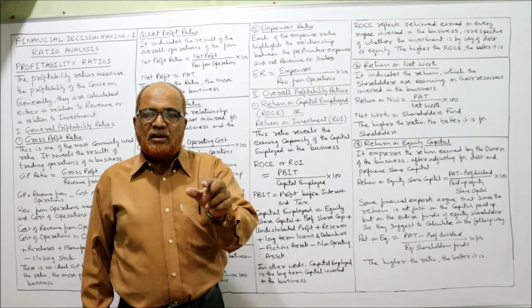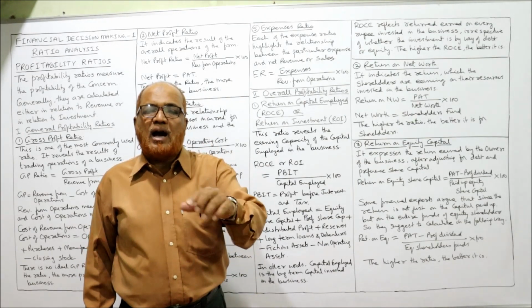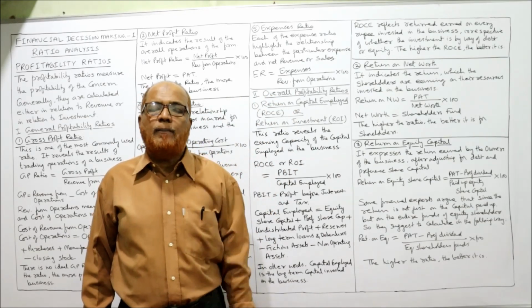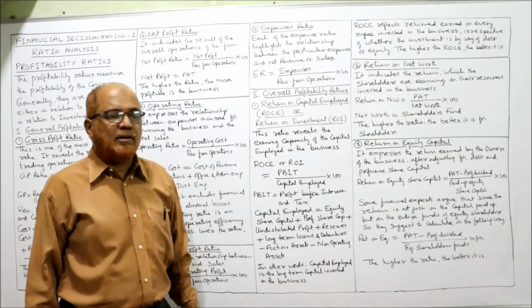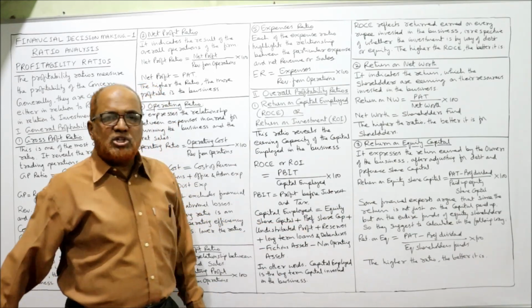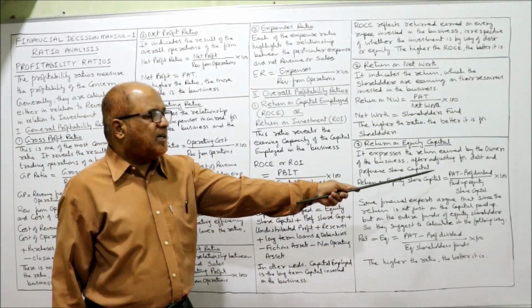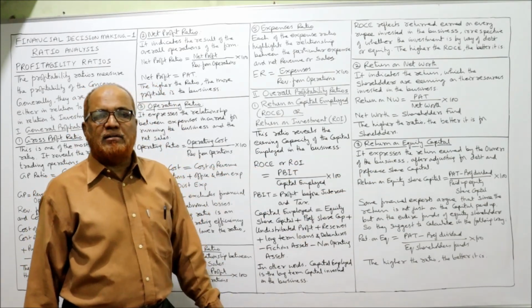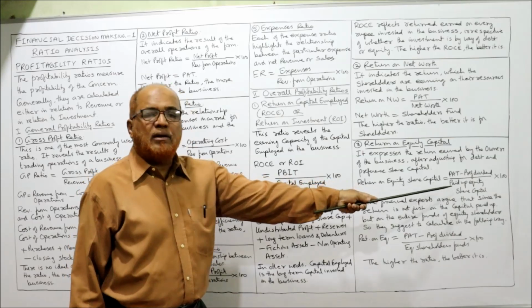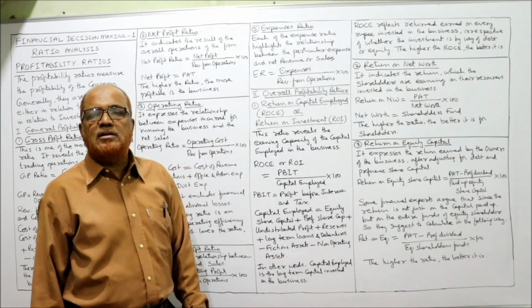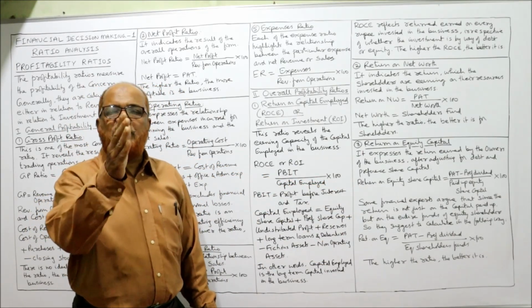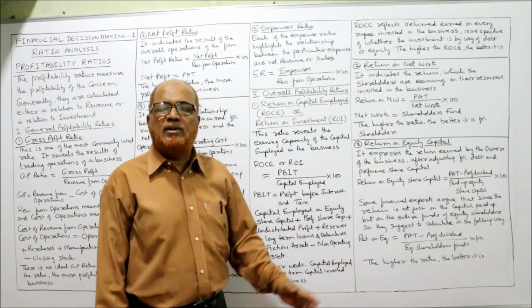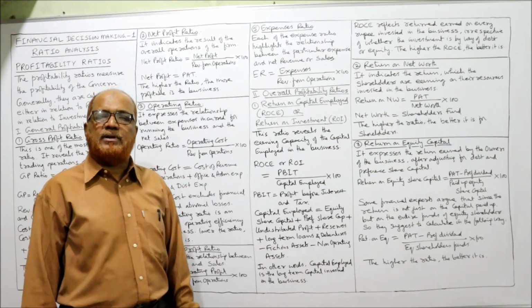So it is the return which the owners are getting after making the payment on debt and on preference share capital. So the formula for return on equity share capital is PAT, which stands for profit after tax, minus preference dividend divided by paid up equity share capital into 100.